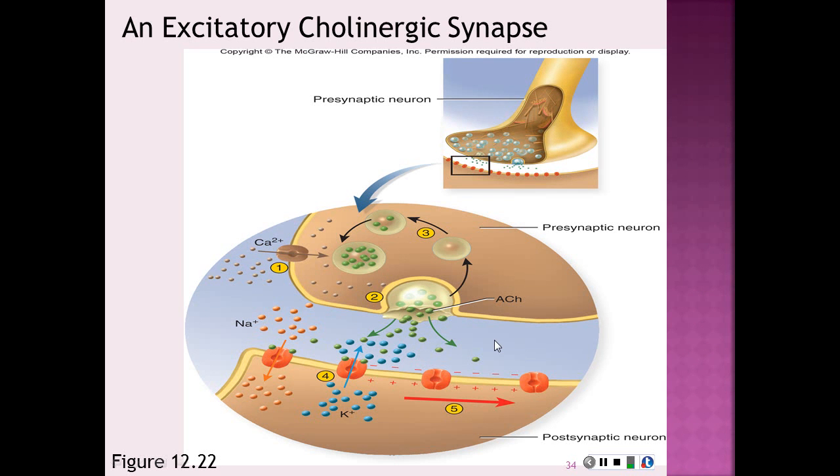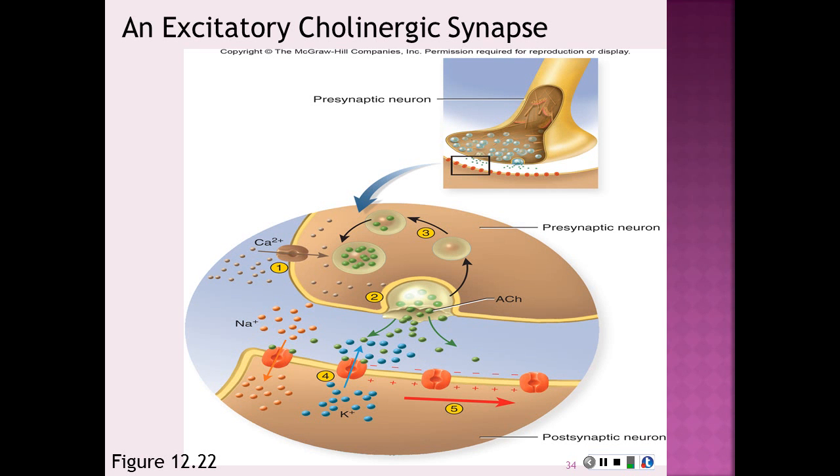Now the empty vesicles drop back into the cytoplasm to be refilled, and the synaptic vesicles in the reserve pool move to the active sites, and they're going to release the acetylcholine.